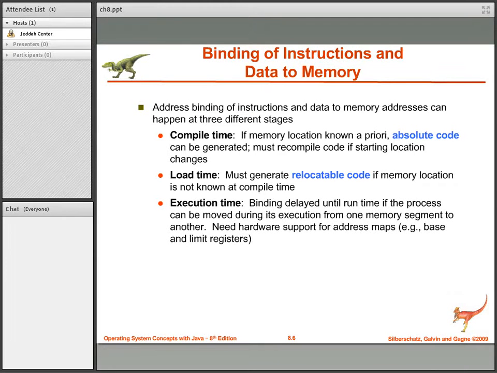Now, there has to be a process of binding the instructions and the data to the memory addresses that exist in the main memory. The binding of the instructions and the data included in a certain process to the memory addresses happens in three different stages.